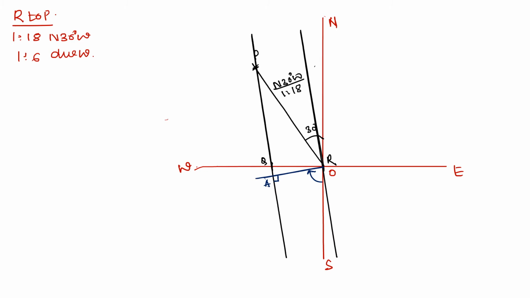So the true dip direction, if I measure, comes around south 79 or 80 degrees west, and the true dip amount will be in the range of 1:5.8.